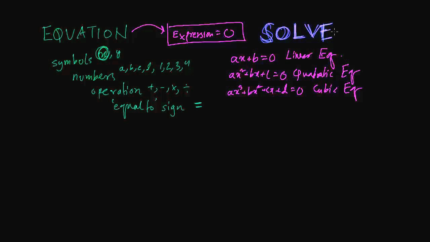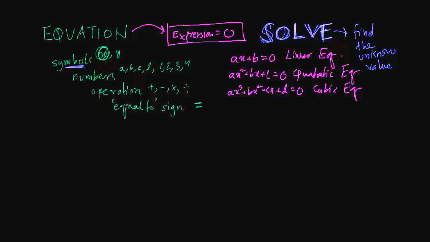To solve an equation is to find the unknown value. Now the unknown value is the symbol. So here the unknown value is x. So to find the unknown value is to solve the equation.